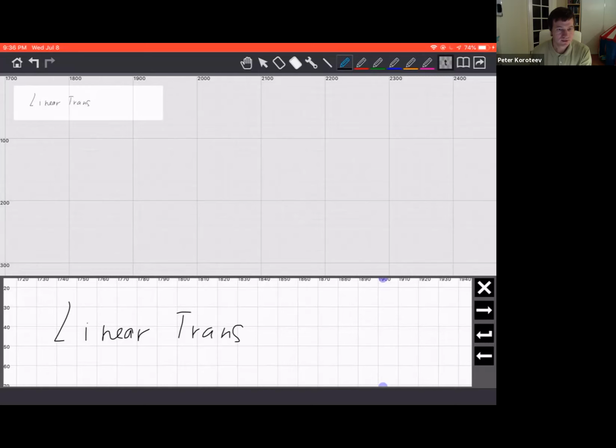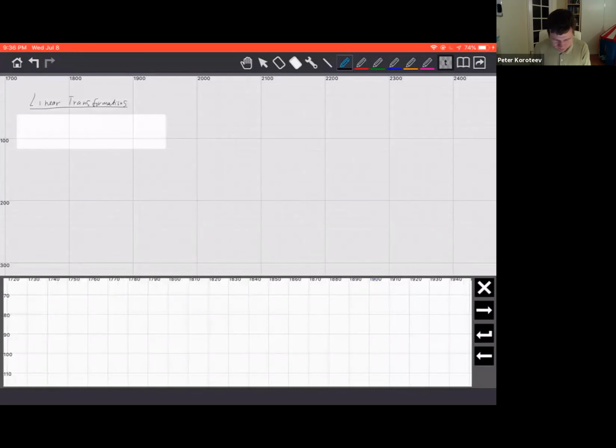Okay, so let's get back to this talk about the linear transformation. Everything we talk about this week, in a nutshell, these are the same objects. We just describe them using different words, right?